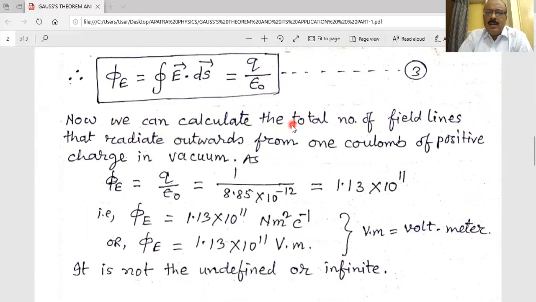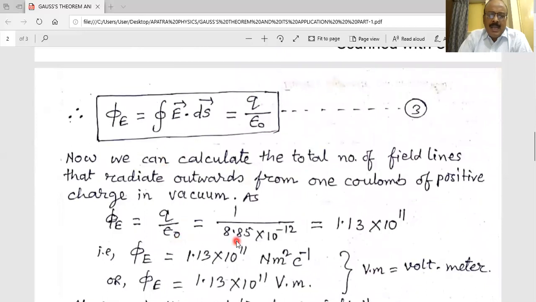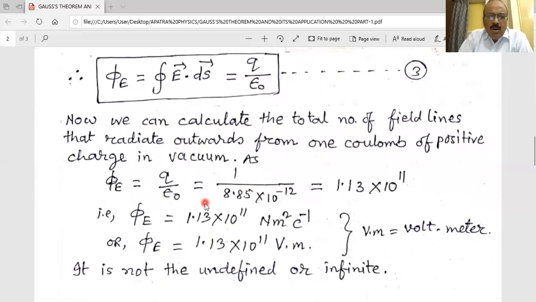Now we can calculate the total number of field lines that radiate outwards from 1 coulomb of positive charge in vacuum by putting the value of q as 1 coulomb, and we know the value of epsilon naught in the SI system, that is 8.85 × 10^-12.